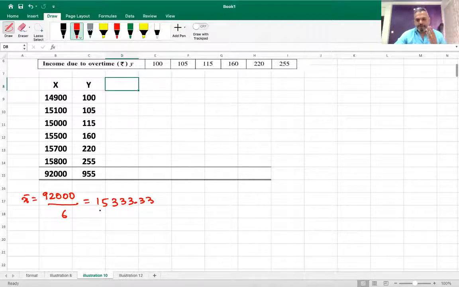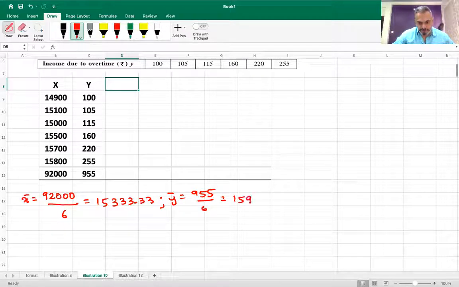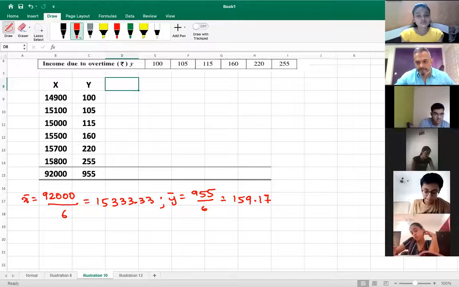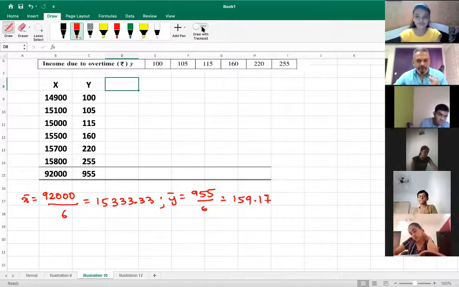So you can see this is a fractional number. Y bar is equal to 955 divided by 6. It comes to 159.16666, so 17.